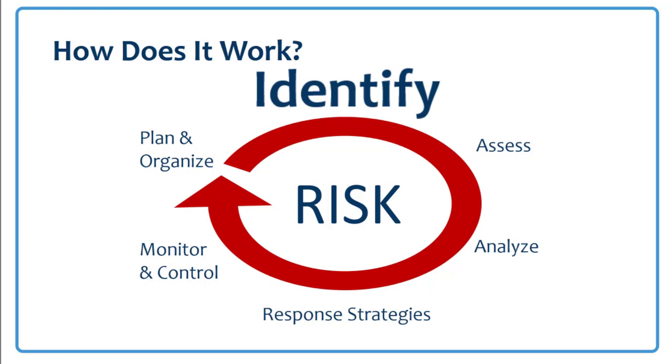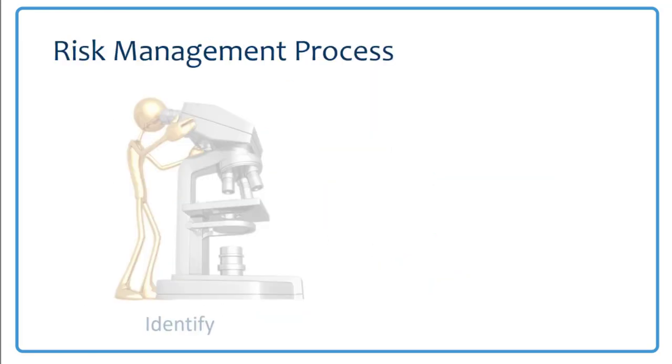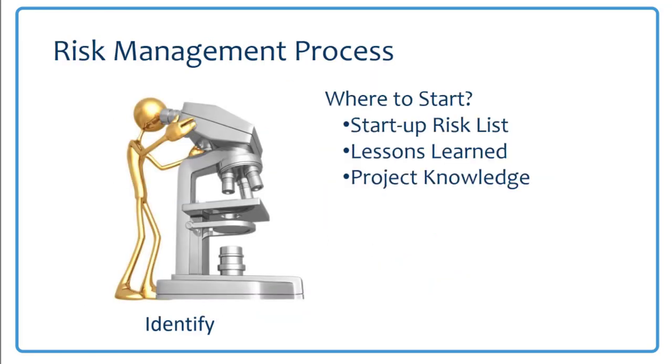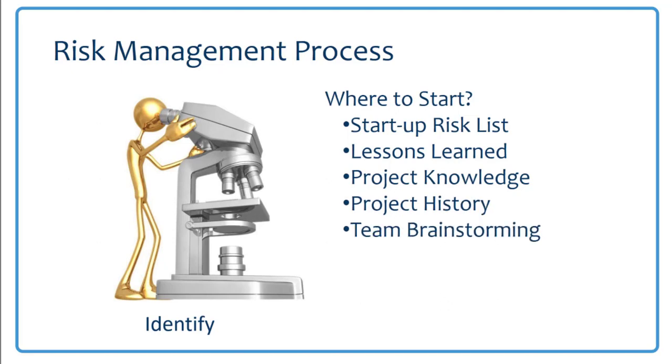Okay, the next step of cost risk analysis is to identify or predict the obstacles you might encounter along the course of the project. So where do you start? You can start with a list of potential risks that you may encounter.